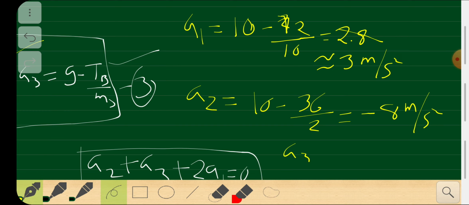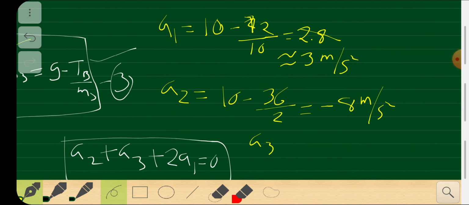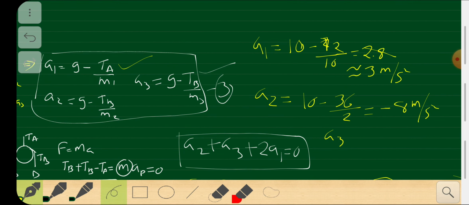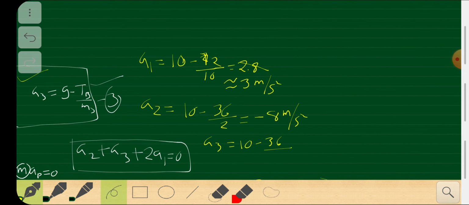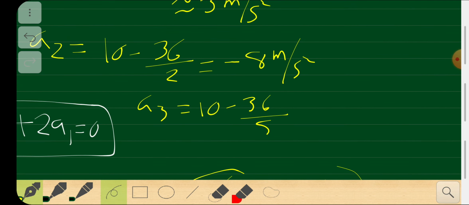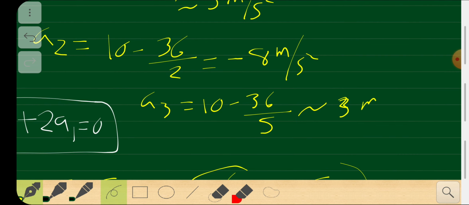And a3 will be some value, maybe you can calculate that yourself. a3 will be g minus Tb by m3, which is 10 minus 36 by m3. M3 was 5 kilograms. So you get approximately 2.8 meter per second square, or 3 meter per second square.